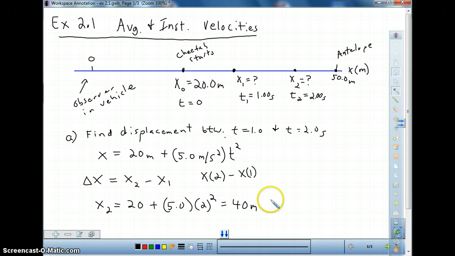And if we do a similar thing for where I am at t equals 1 second, because that's an unknown as well, we need to run a similar pattern here: 20 plus 5.0 times 1 squared. This gives us 25 meters.